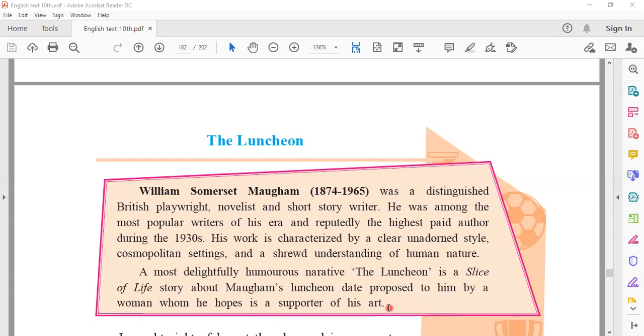And what kind of a meeting was this, and what happened to the writer? How was his luncheon date? That is what he describes in this particular chapter. Let us read.